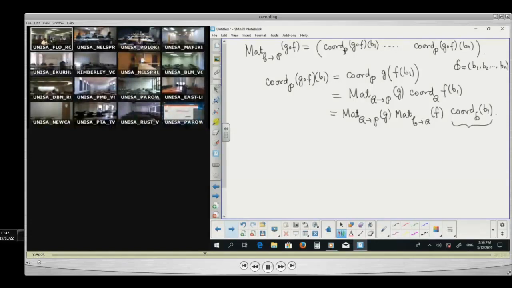Still not clear? Come on. The reason is you have a block with these letters. You are not making these letters friends. What is the best way? This is a vector. So b1 is obviously equal to 1 times b1 plus 0 times b2 and so on.